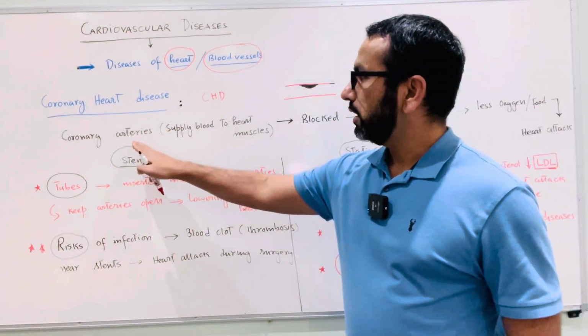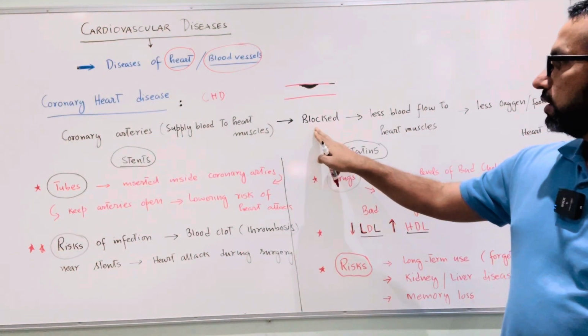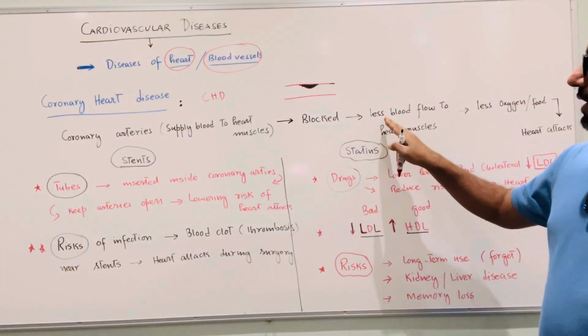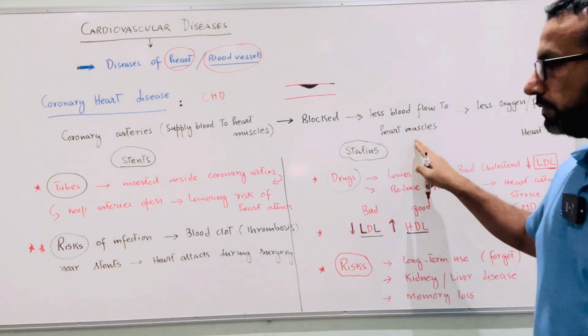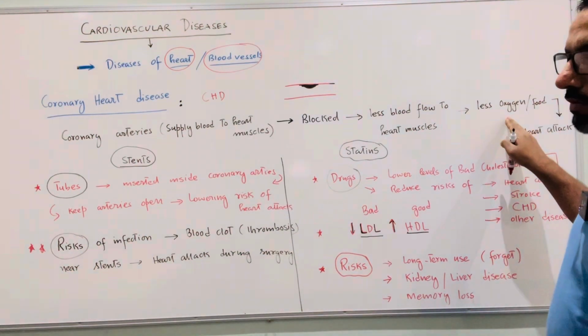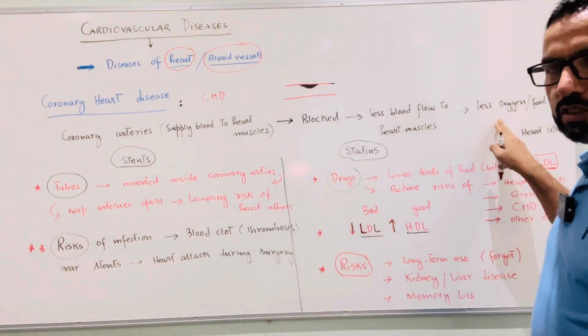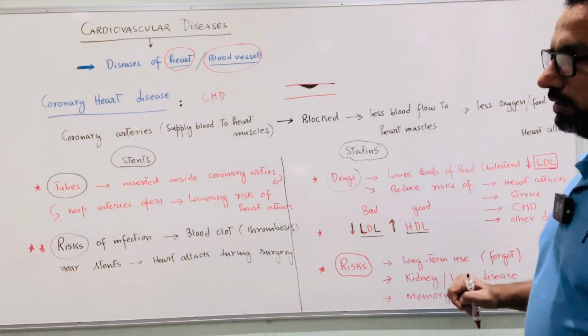If coronary arteries are blocked, they will supply less blood to heart muscles, and less blood supply will cause less oxygen, and that will result in a heart attack.